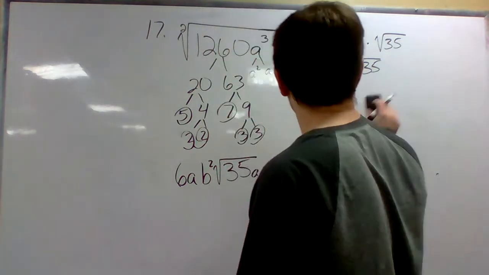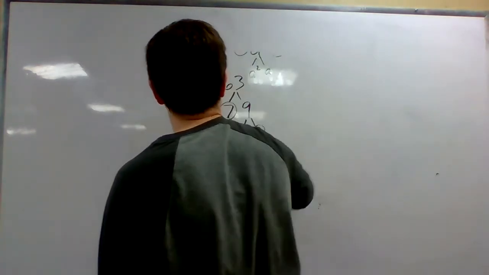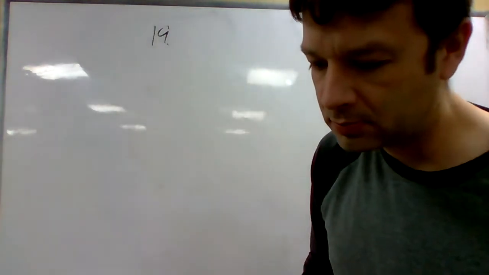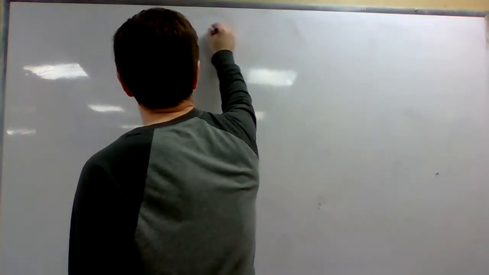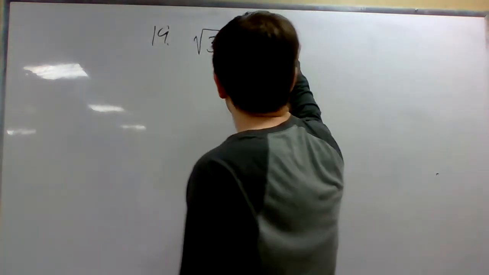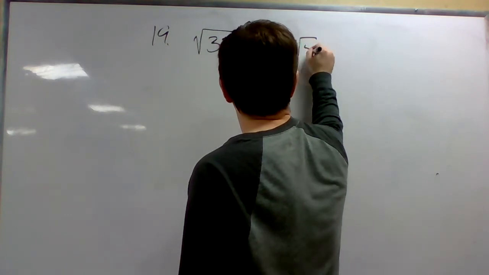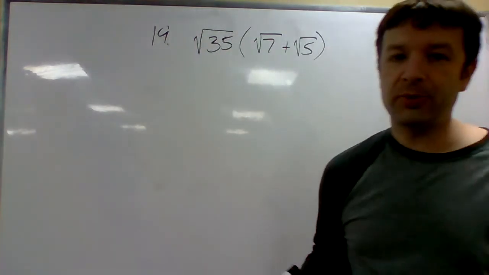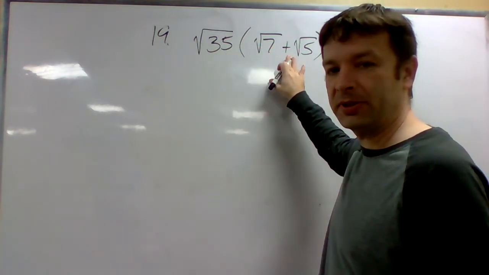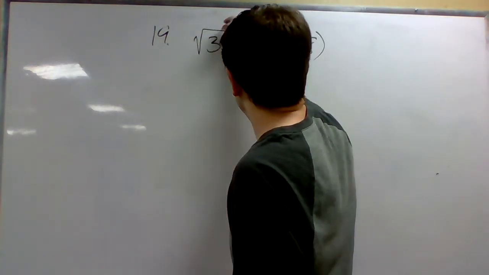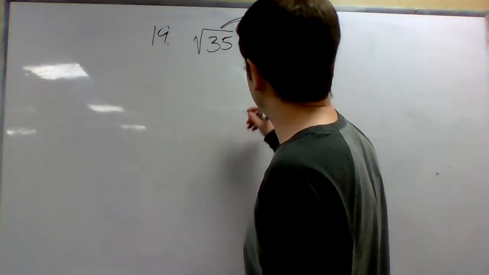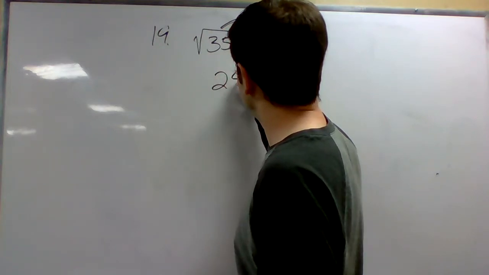19 looks like a distributive property. Okay, yeah, so with the parentheses, something outside the parentheses, you're supposed to multiply it into the parentheses, so that's distributive property. 35 times 7, I believe is 245.